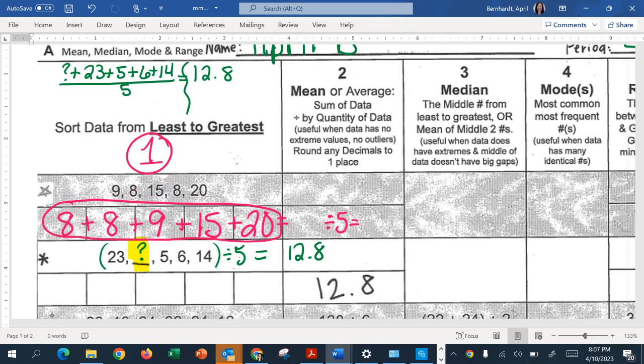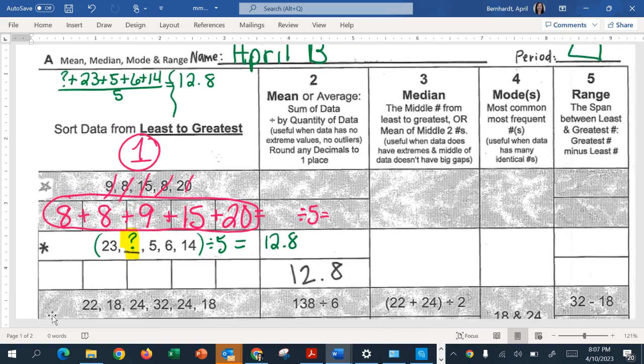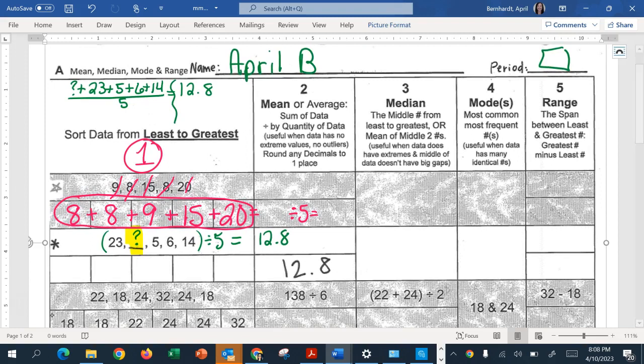You should notice that I put slash marks through the numbers just to make sure I don't forget any. I leave the mean task to the last because it's the meanest. It makes us do the most amount of work. The quickest ones to complete are mode and range.